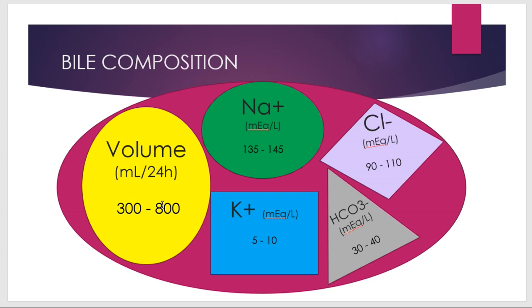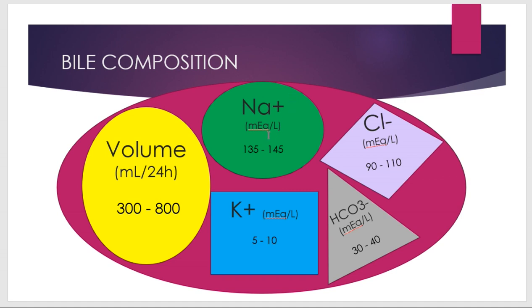No, that's not like that. So whenever in medical science somebody is asking, always tell a range. This is applicable anywhere in medical science, right? So 300 to 800 ml per 24 hours volume is there, the bile secretion.